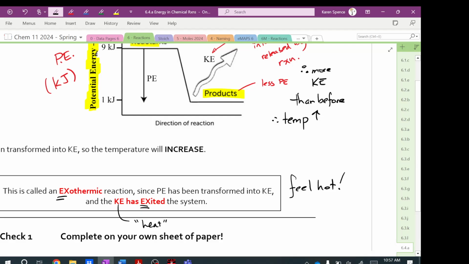Can you think of an example of an exothermic reaction? Chat with your partner. Come up with something, where there's a chemical reaction and you know that it is exothermic.